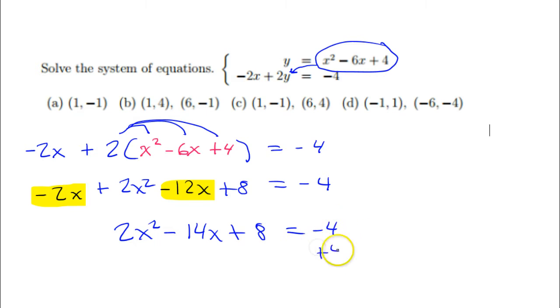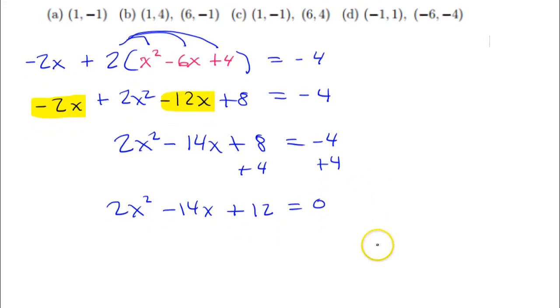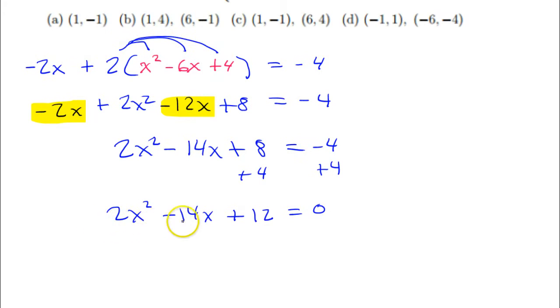Now I'm going to add 4 to both sides. So that gives me 2x squared minus 14x plus 12 is equal to 0. All right, so I'm going to try to solve this equation. I'm noticing that there's a common factor here.